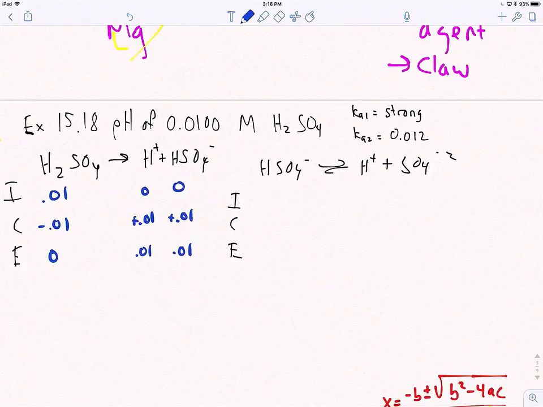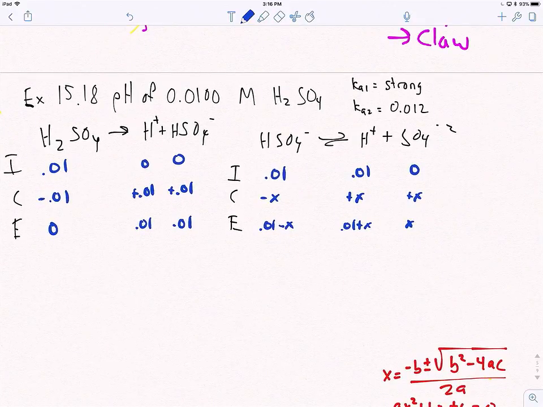Okay. So then we have a second part where we have 0.01 of this, and we have a common ion here. The hydrogen is a common ion, 0.01. And since we have a 0 in the sulfate, we shift right. Then we have 0.01 minus x, 0.01 plus x, and x.